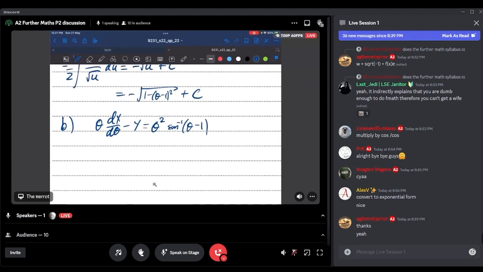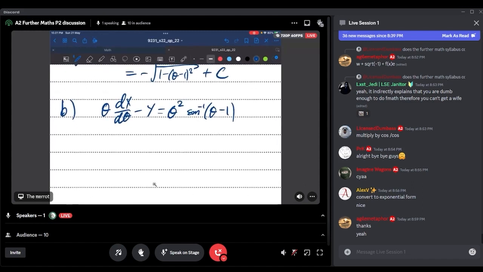Okay, so this is just a first order linear differential equation. That means we have to find the, what do you call it again? Integrating factor, right? So in this case, the integrating factor will be e to the power of whatever the coefficient of y is. In this case, that's negative 1, so you have negative 1 d theta.